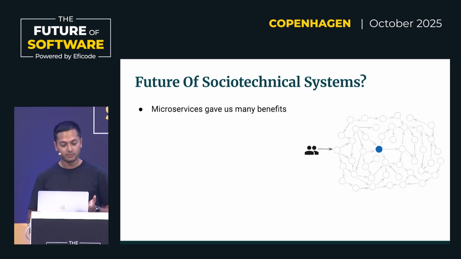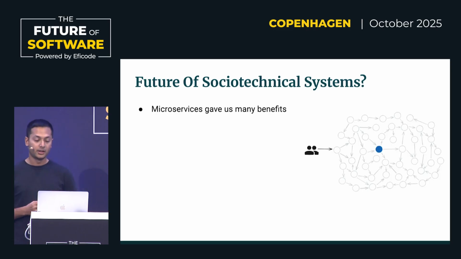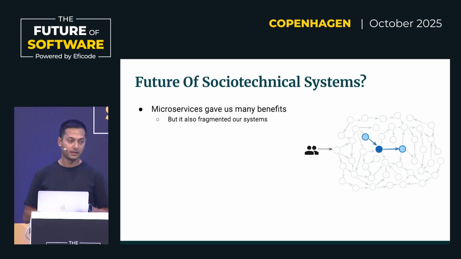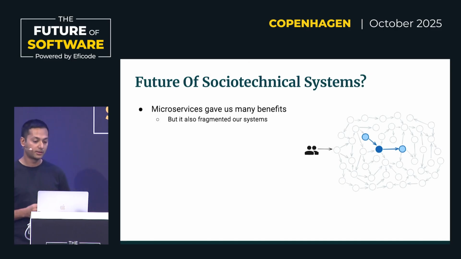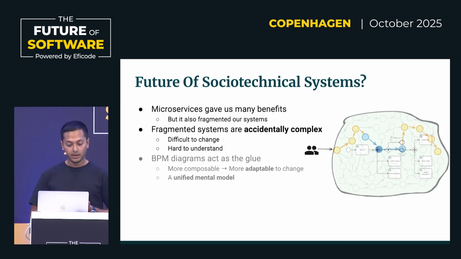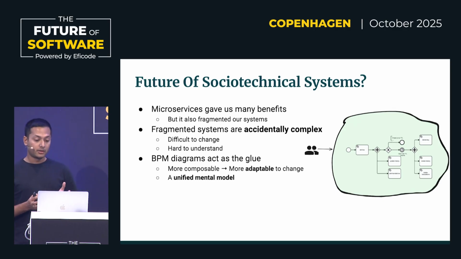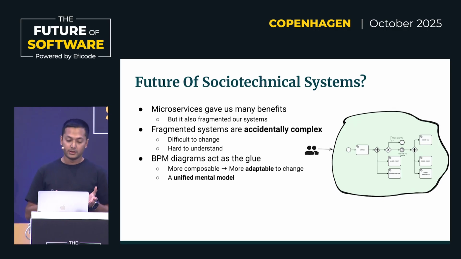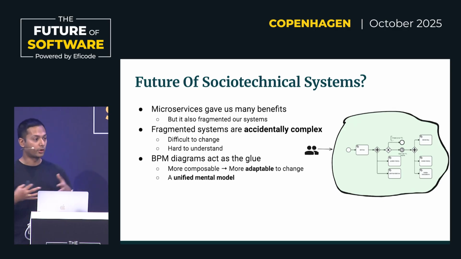And although microservices gave us a lot of benefits, and I think that microservices are here to stay, they did leave us with one problem that is not solved. That is fragmentation. And fragmented systems are accidentally complex. They're difficult to change. They're hard to understand. BPM diagrams are kind of like the glue that allows systems to be more composable.